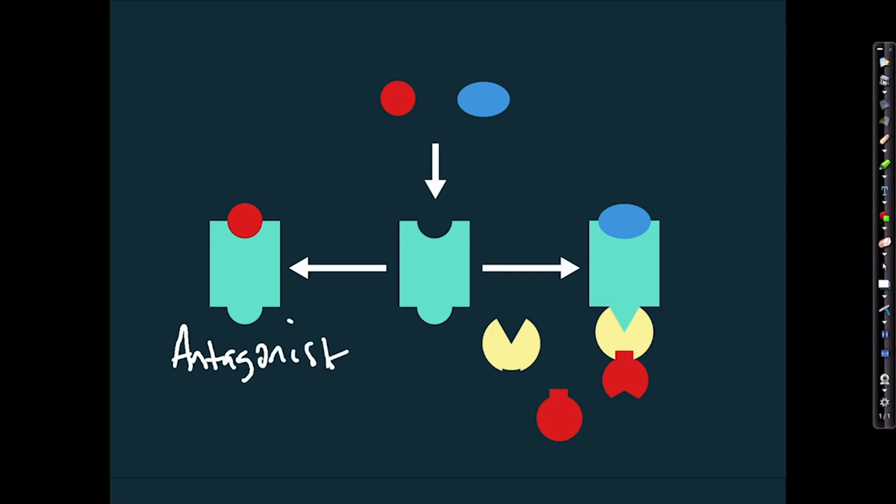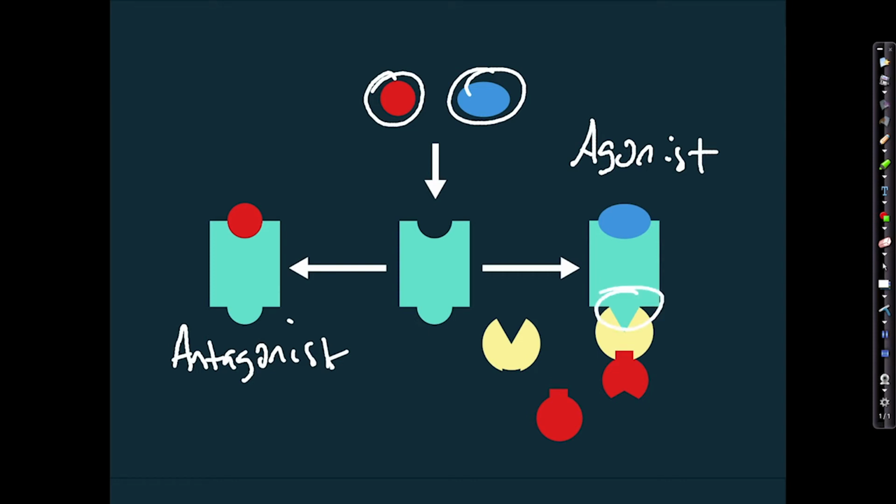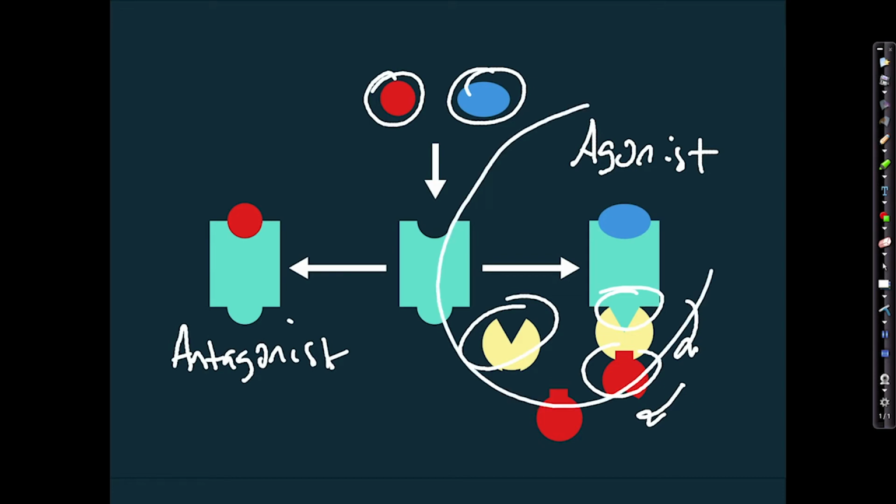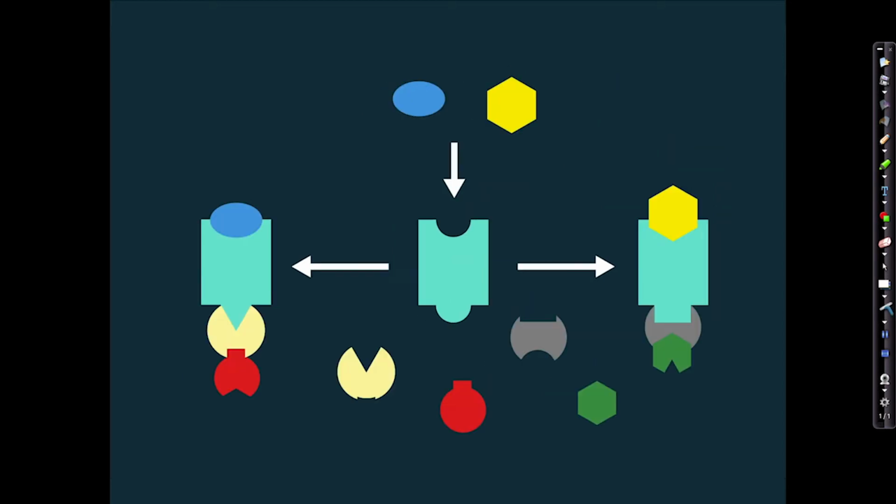It doesn't induce any functional change in the receptor conformation when the antagonist binds, whereas the agonist here induces a conformational change in the intracellular domain of the receptor, which causes it to bind to signaling molecules, which activates them, which then activates other signaling molecules, and you get the start of an intracellular signaling pathway. Now, we're going to complicate this issue and realize there's actually more than one type of agonism. So this next diagram will illustrate what I mean by that.